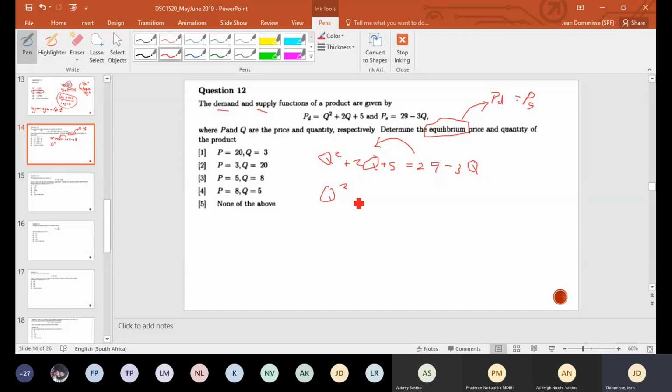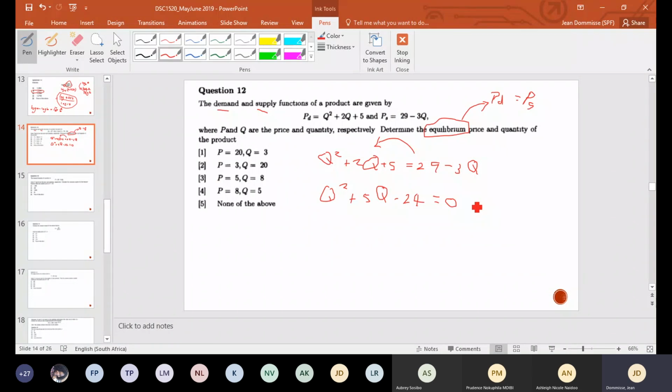If I bring that over to this side, it is minus 2q plus 3q, so that gives me 5q. And if I bring this to this side, that becomes a minus. So I'm sitting with minus 24, if I'm correct, and that is equal to 0.